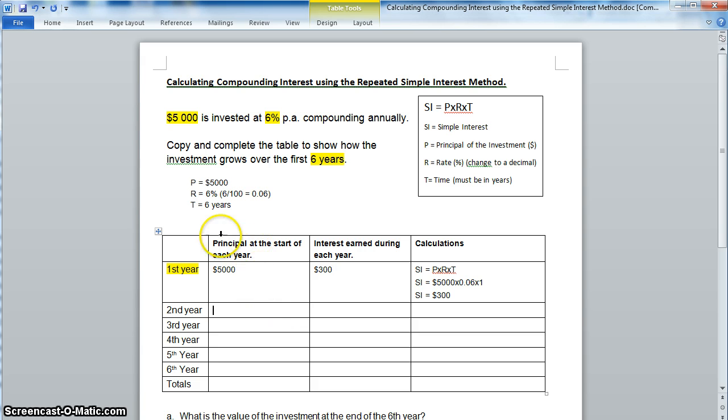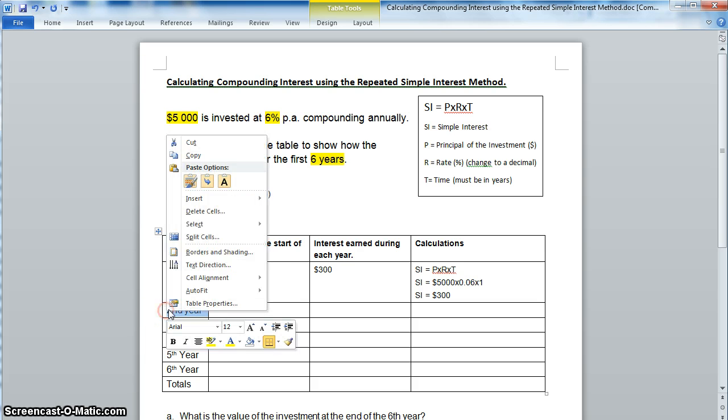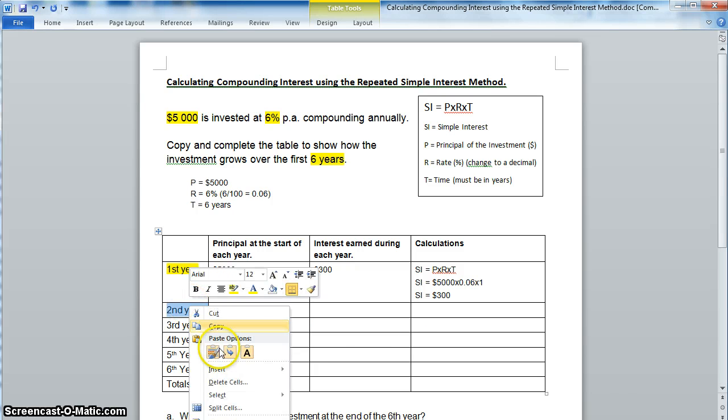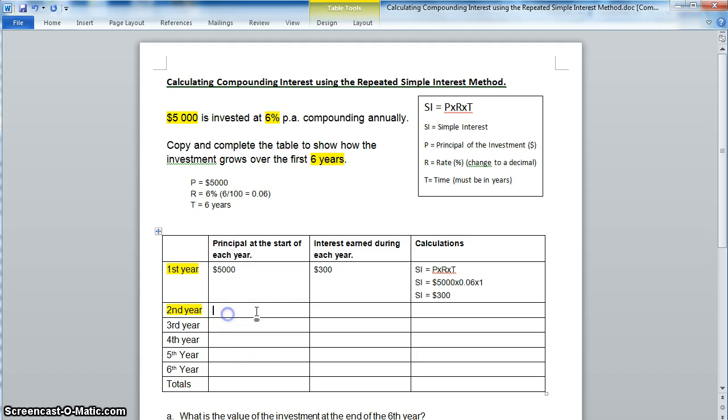So the principal at the start of the second year, just highlight that for you, is going to be the $5,000 that we started with in our bank account plus the interest of the first year, which we can do in our head, which is $5,300. So we now have a new principal to work with.